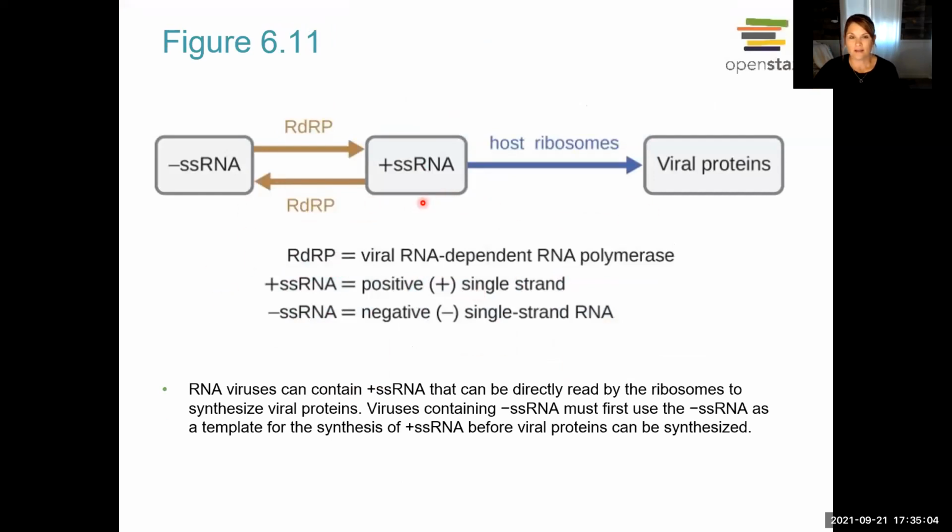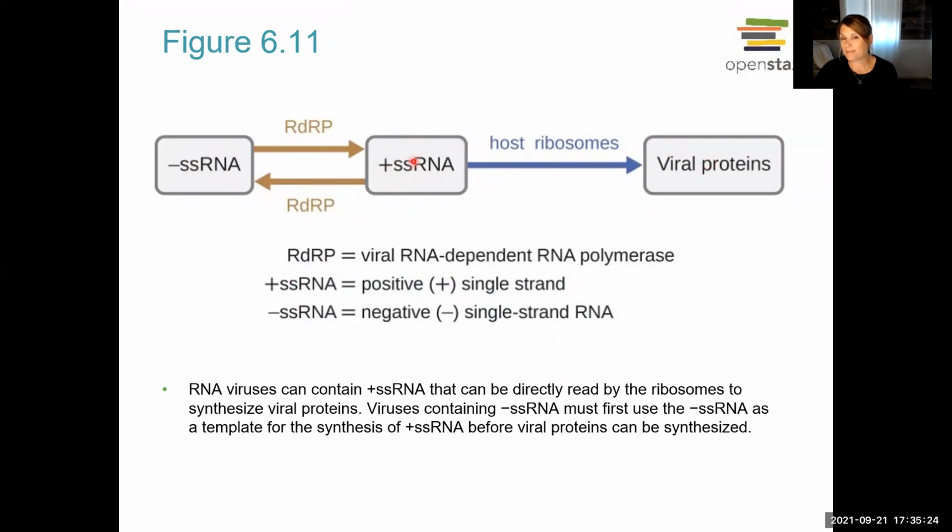So here are your two options. You have single-stranded plus strand RNA or single-stranded minus strand RNA. This is sense, this is antisense. This is RNA-dependent RNA polymerase. And then here's translation.